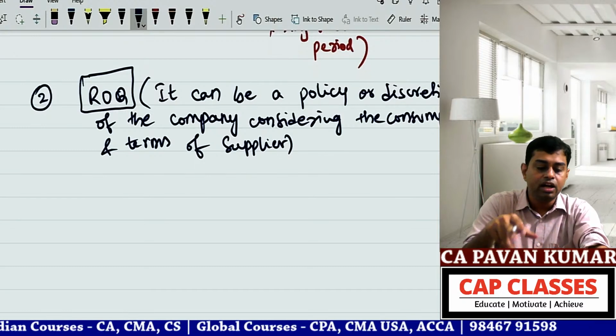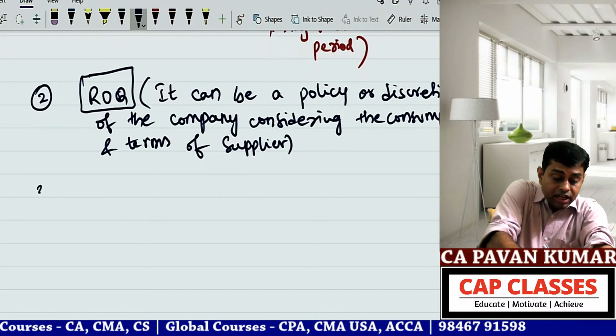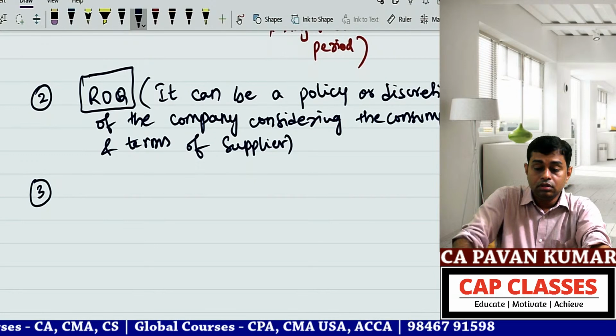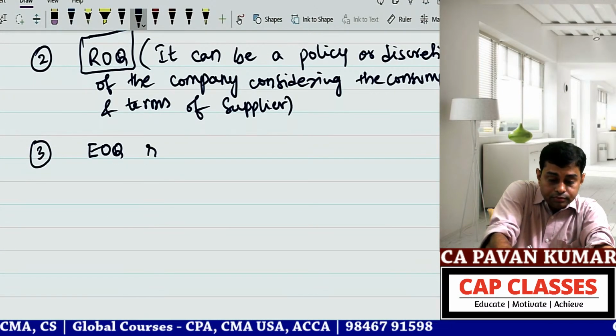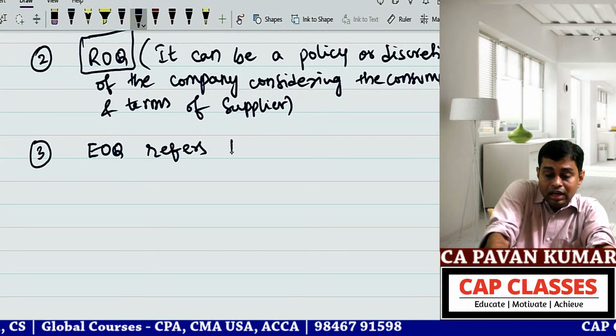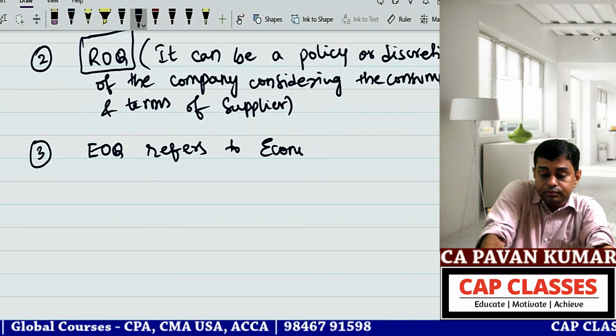Okay, so first write down ROQ. In point number 3, write down: EOQ refers to economic order quantity.